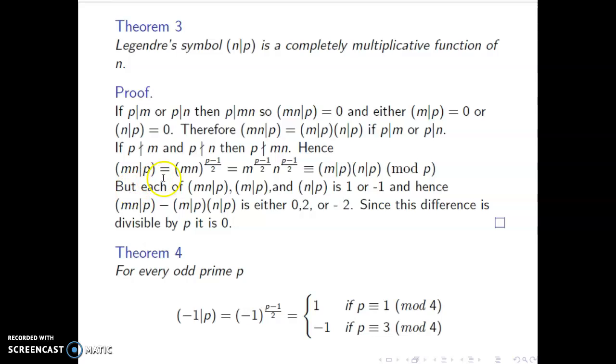And hence, the difference (mn/P) minus (m/P) times (n/P) is either 0, 2 or minus 2. Since this difference is divisible by p, it is 0.